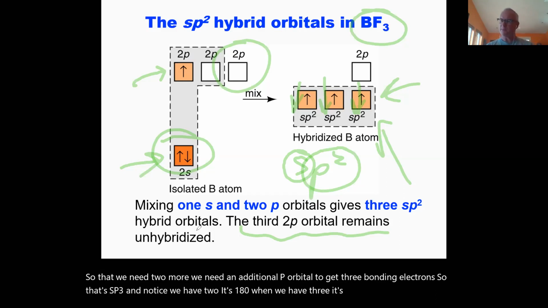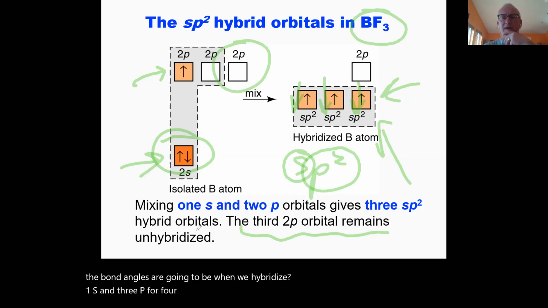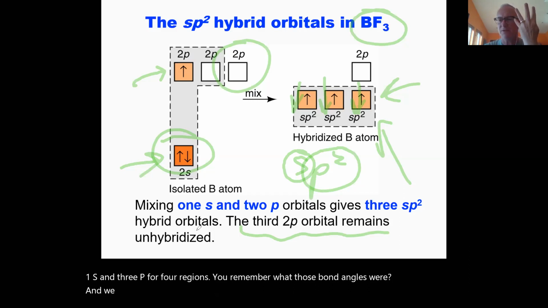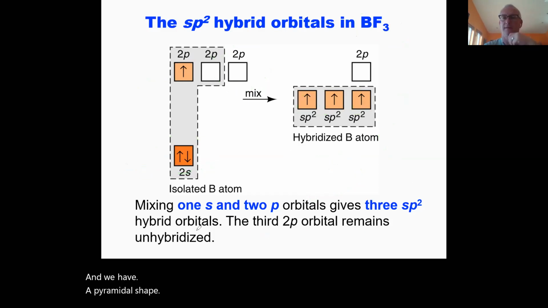Can anyone guess what the bond angles are going to be when we hybridize 1s and 3p for 4 regions? You remember what those bond angles were? Remember, there's sort of 3 bond angles we had to remember.